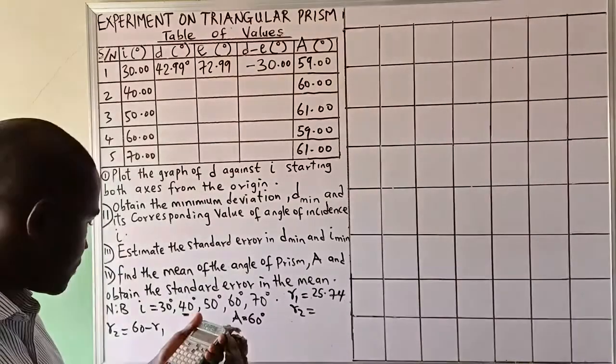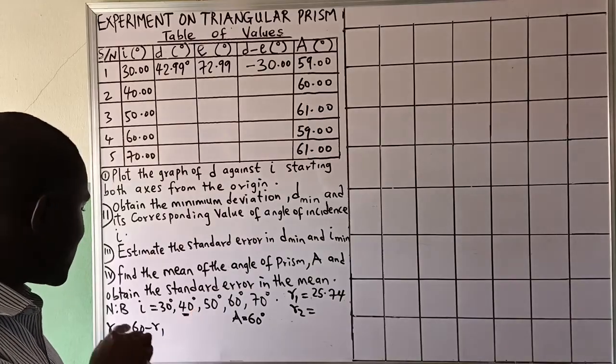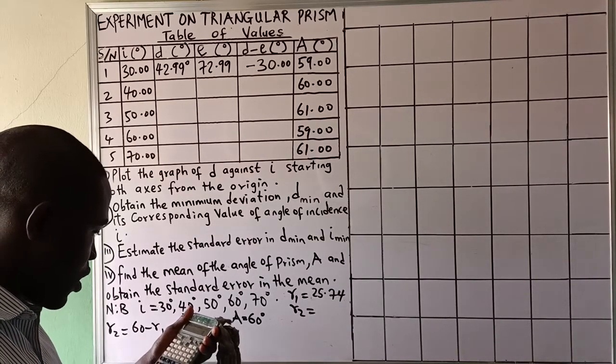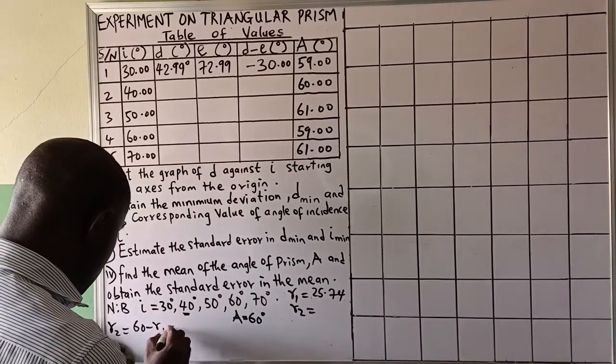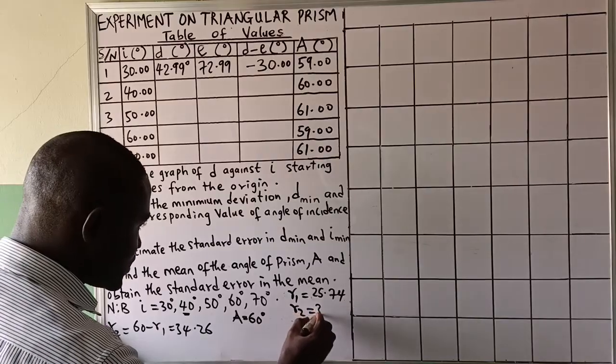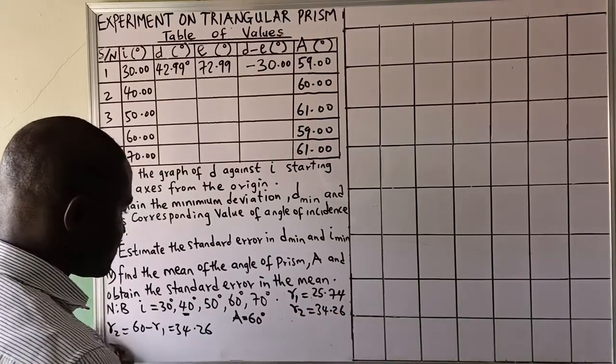Then we are saying 60 minus 25.74. That will be giving us 34.26. We now say this is 34.26.